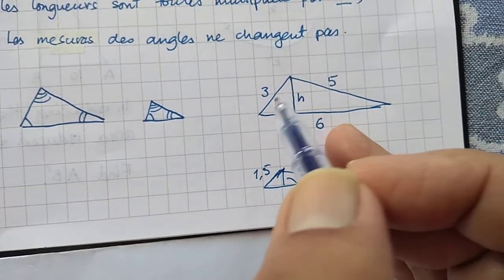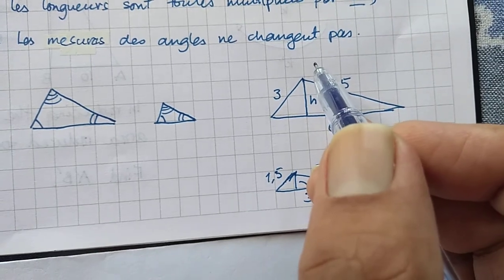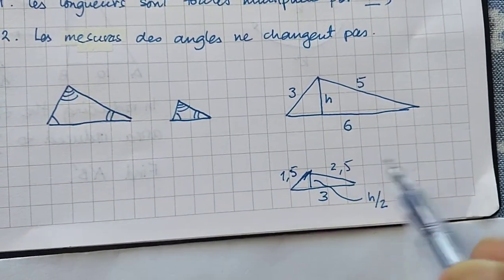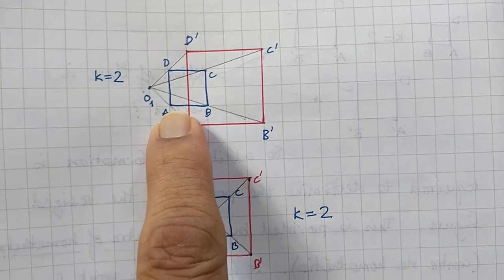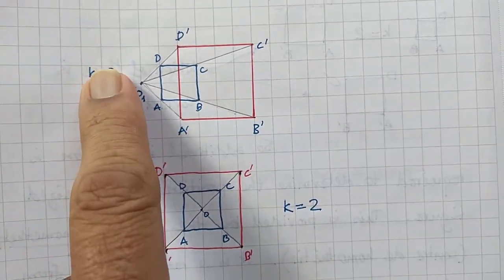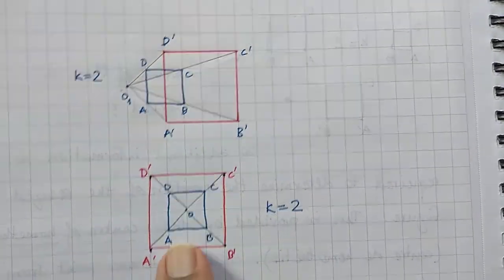If you draw an hauteur from here to this side, which will probably come outside the triangle, that length will also become half. From the previous video, if you have a square with 2 units here, this will become 4 units, so everything will become multiplied by k.